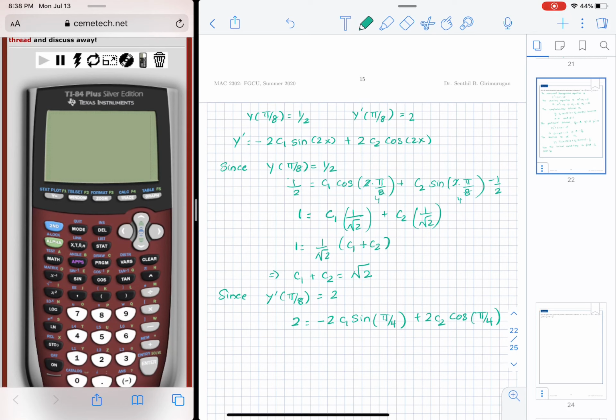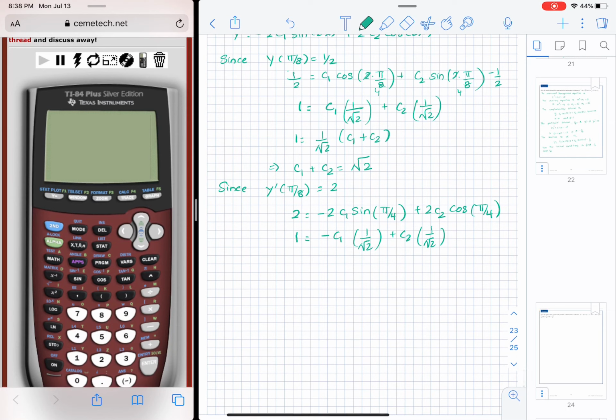Divide by 2 on both sides. I have 1 equals minus c1 multiplied by 1 over root 2 plus c2 multiplied by 1 over root 2. Multiply by square root of 2 on both sides. Square root of 2 would equal minus c1 plus c2.